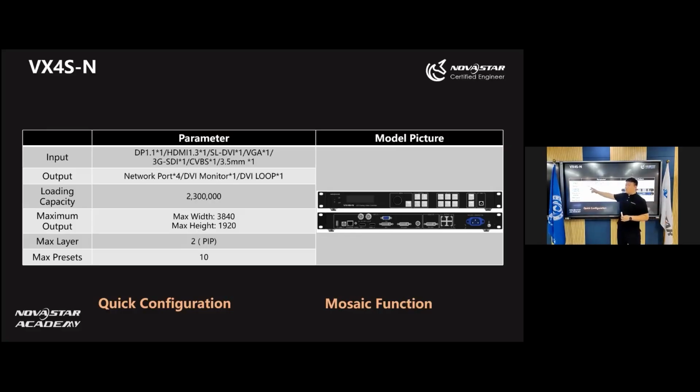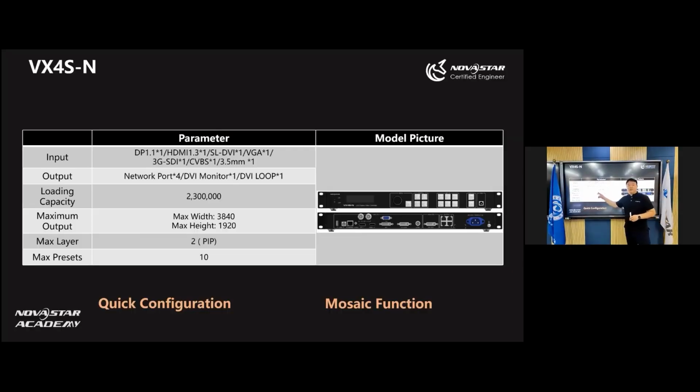It has 4 output ports, and also a DVI monitor port, where we can connect an LCD to check what's going on with the output. We also have a DVI loop, mainly used for the mosaic function. We will talk about this part in the 4K solution, and I will give you a detailed explanation.